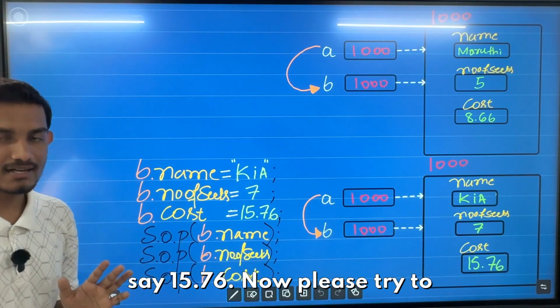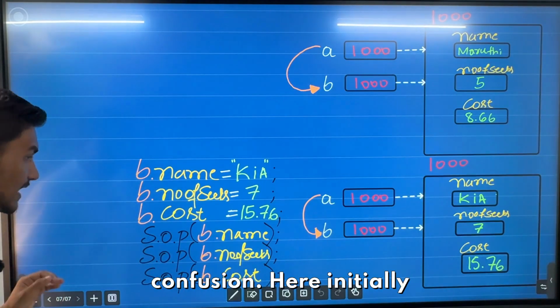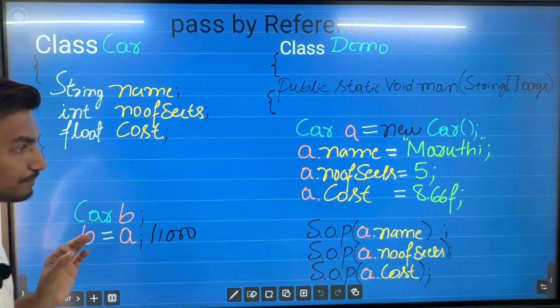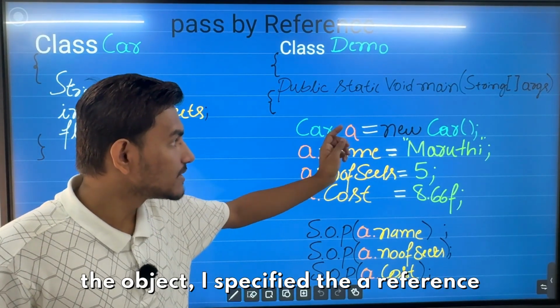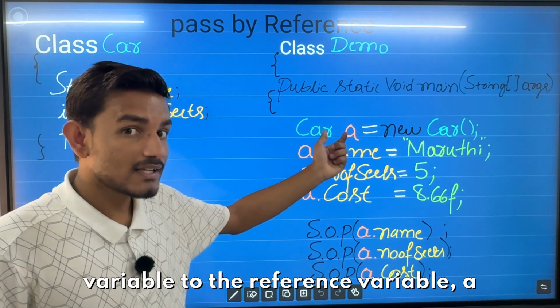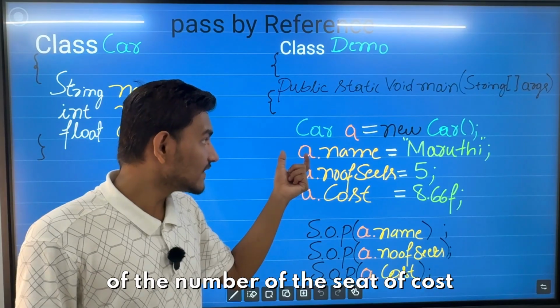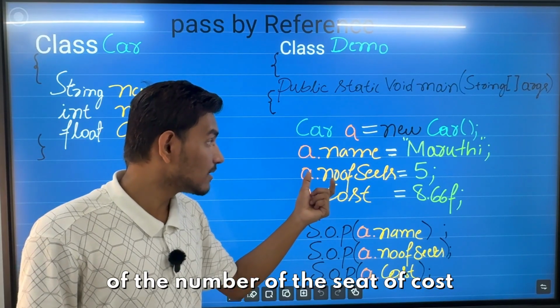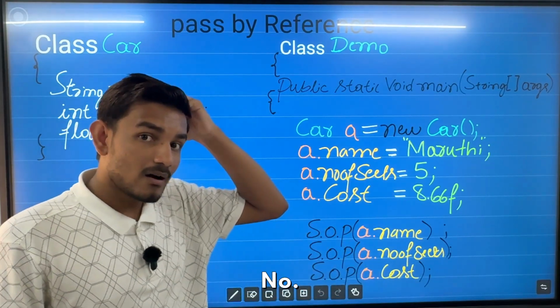Now, please try to understand, guys. People are getting confused. Here, initially, what have I done? I created the object. After creating the object, I specified the A reference variable. To the A reference variable, for the name, number of seats, and the cost, I assigned the values. Then I printed.